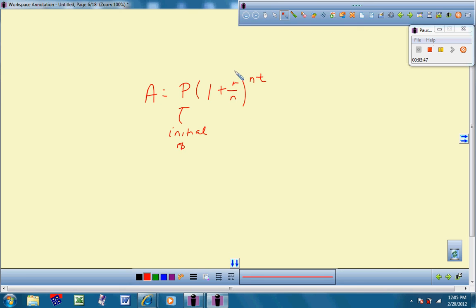R is rate, T is time, and what we have to remember is that n is usually referring to how often you are receiving the interest. So, like, is it compounded yearly, quarterly, monthly, and so on.